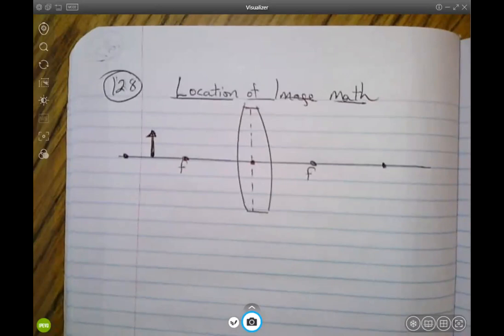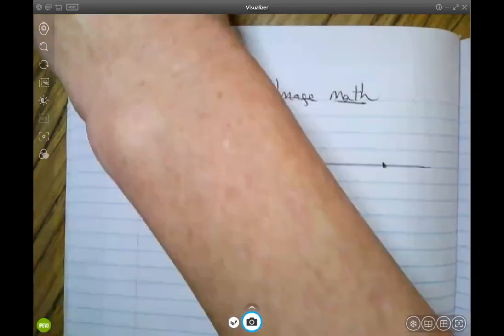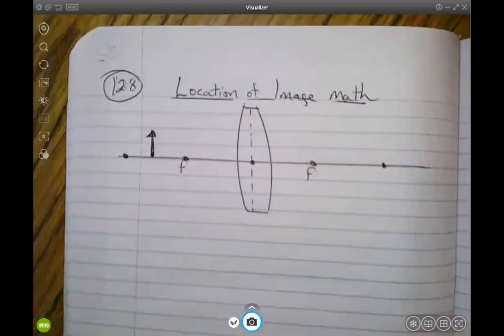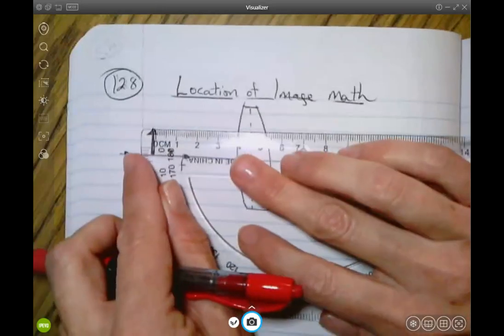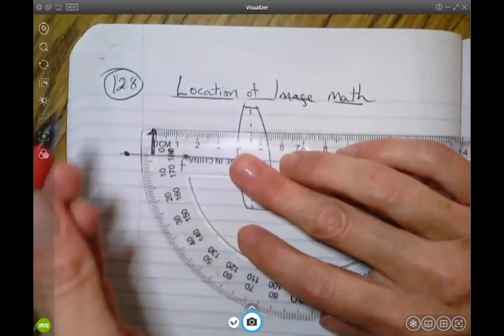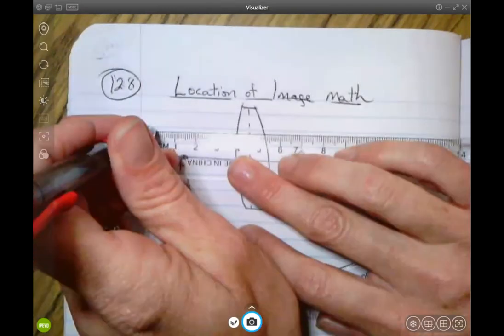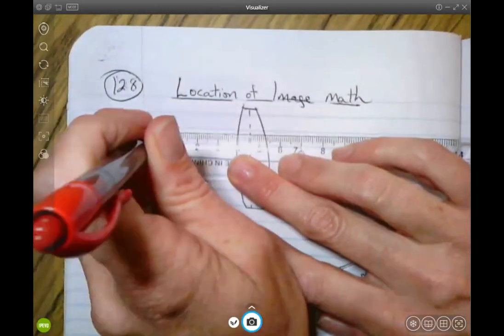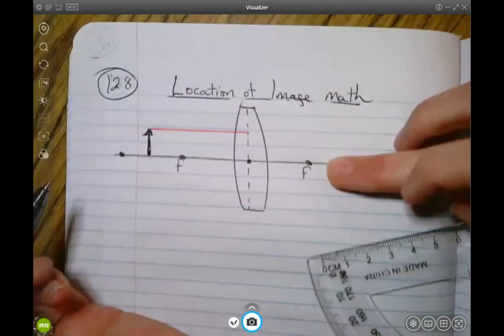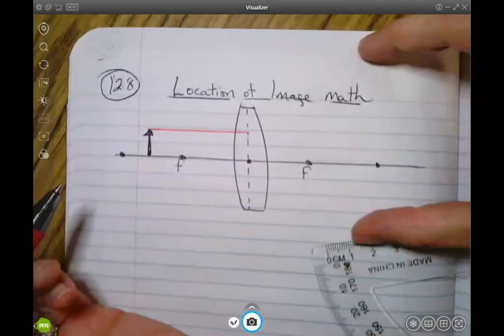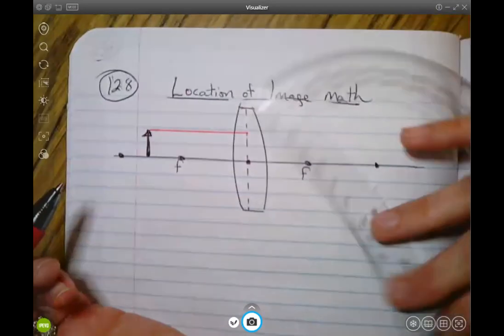All right, now, first ray of light goes off the top and hits that center point of the lens. And then does it converge to the focal point or does it diverge out? Converge, yeah.